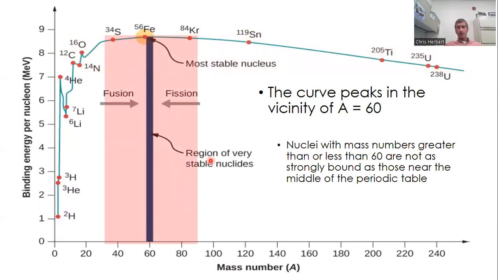Nuclei with mass number greater than 60 are not as strongly bound down here. Okay, the amount of binding energy is becoming less and less, and out here you start getting nuclei that will spontaneously fall apart. They'll spontaneously break apart due to fission, or they'll radioactively decay by alpha decay.